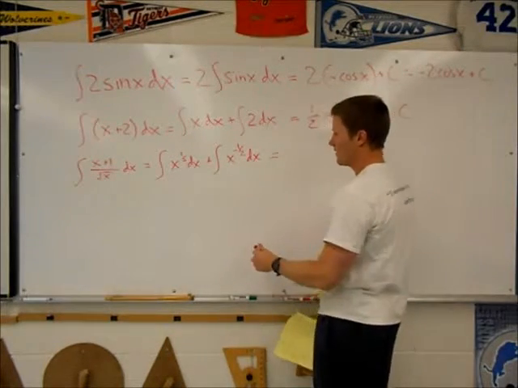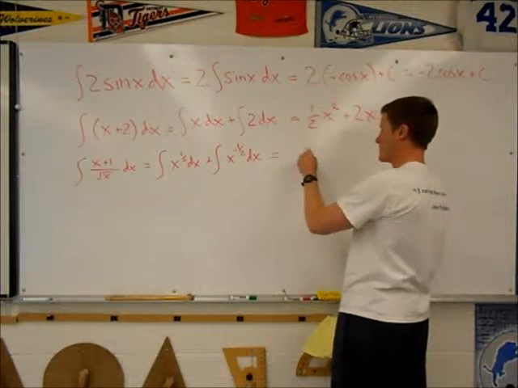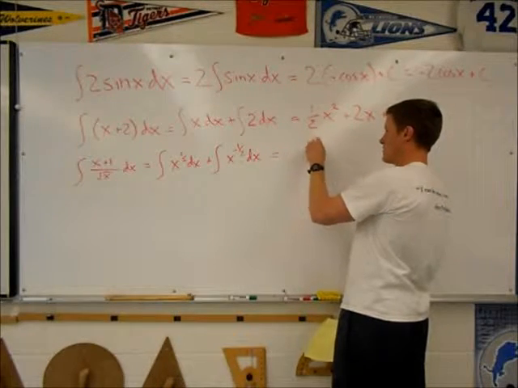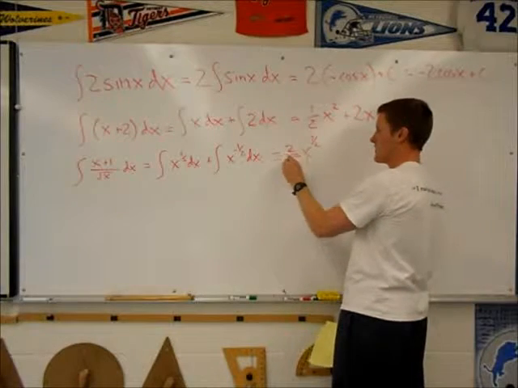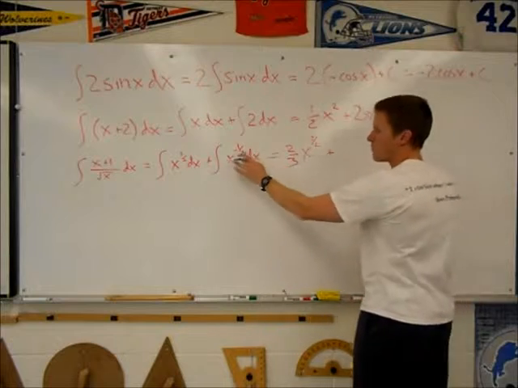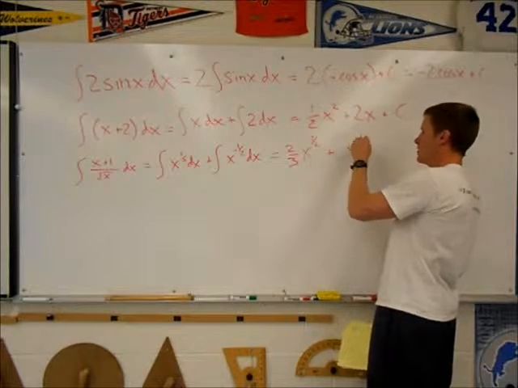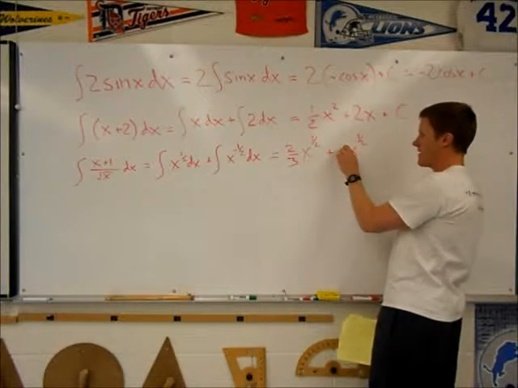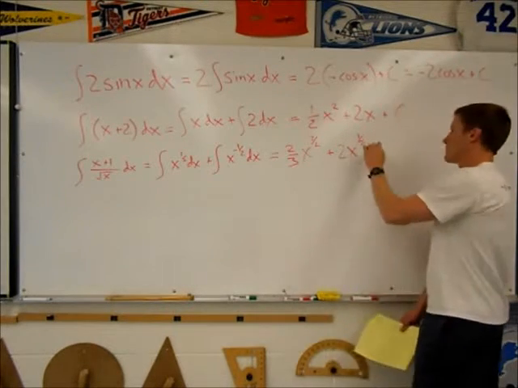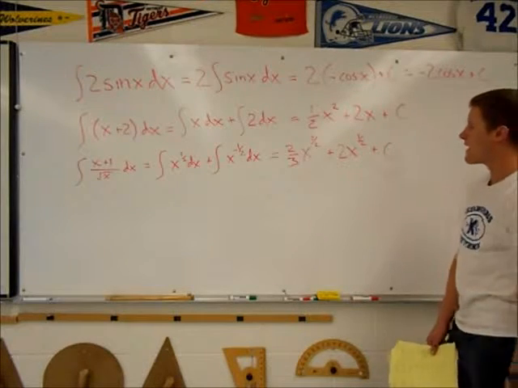First of all, this one. Add 1 to 1/2, you get 3/2. And then we need the reciprocal of that out front. Add 1 to negative 1/2, we get 1/2, and the reciprocal of that is 2. Plus c. Do not forget that.